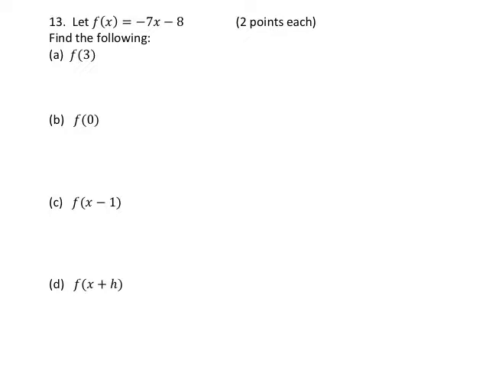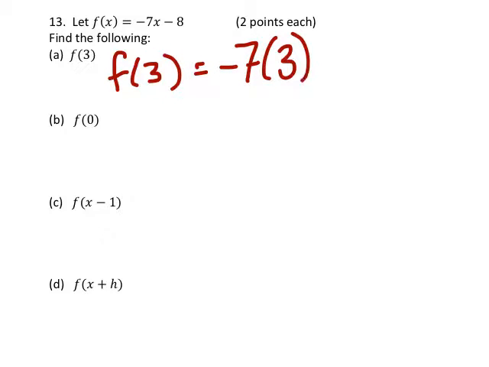All right, number 13. On this one, for each part, we're just solving for f of 3 or 0 or whatever it is. We're going to replace x with these values. So we have f of 3 equals negative 7 times the 3, because we're replacing x with 3, minus 8. And if we were to put that into a calculator or solve it, looks like we'd get a negative 29.